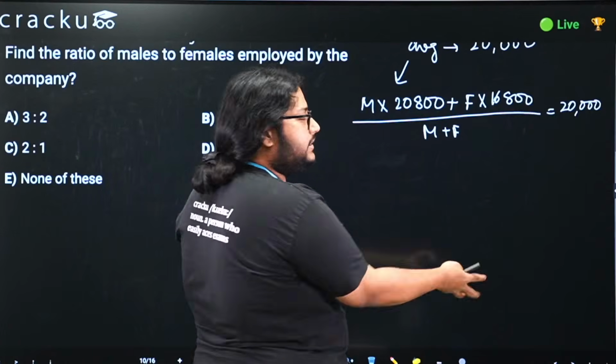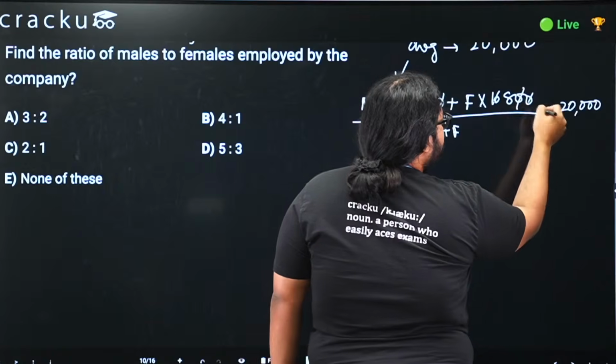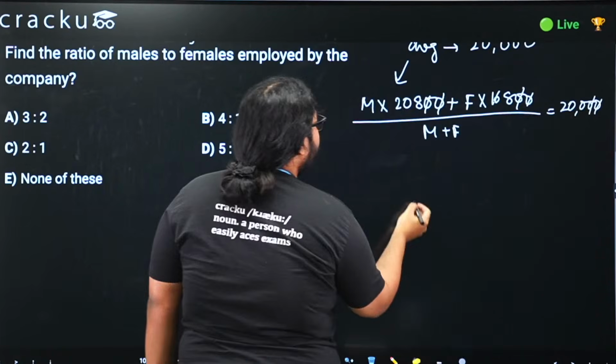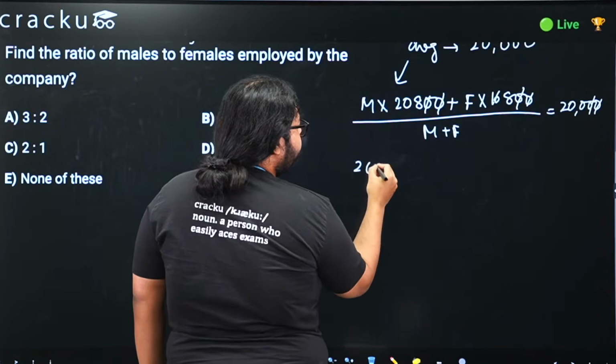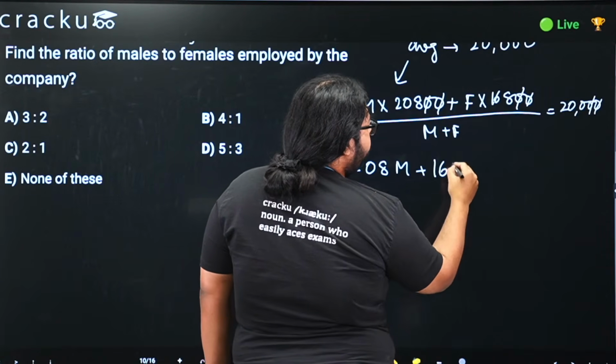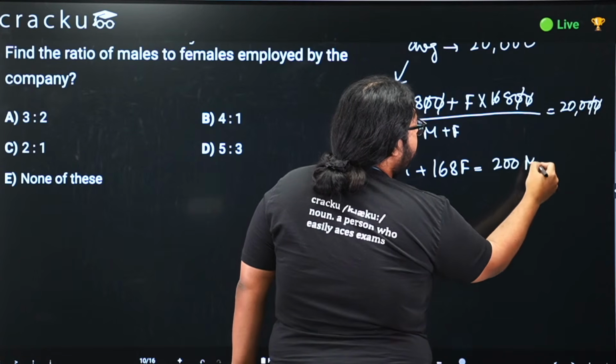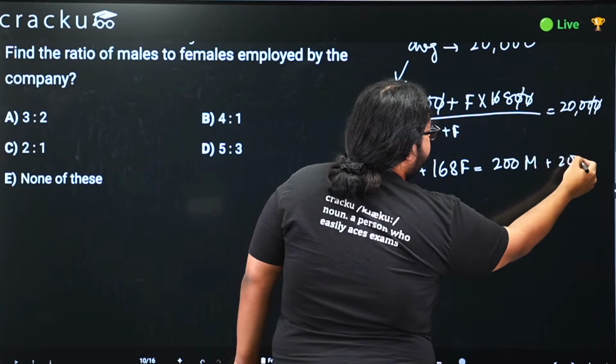Now the question is just simplifications. We'll just cross out the zeros. So this gives me 208M plus 168F is equal to 200M plus 200F.